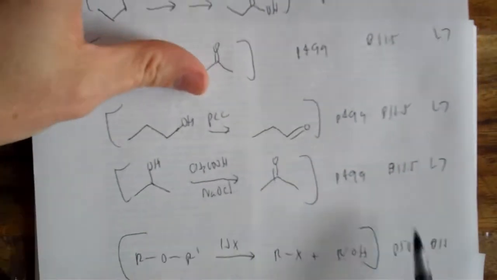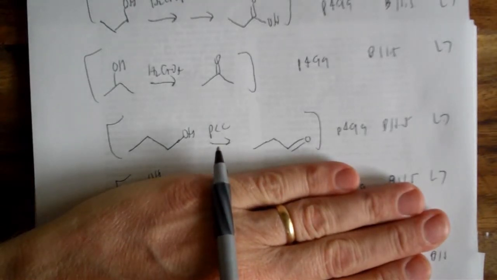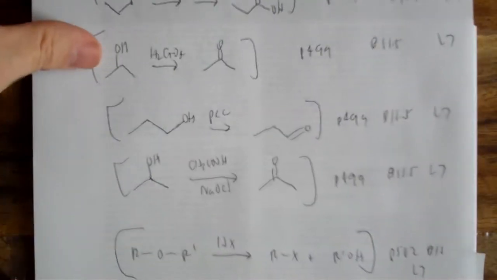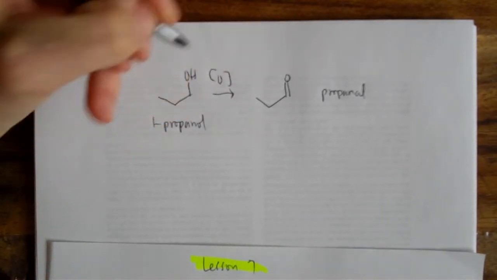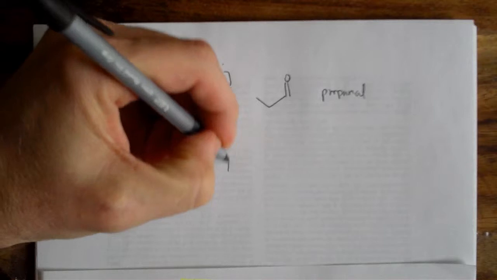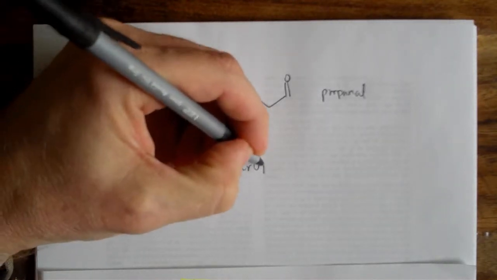Another reagent that we have on page 499 also is PCC, so it's difficult to see all the oxygens in that one. It does have it. It's pyridinium chlorochromate. Anything that ends in -ate probably has a bunch of oxygens in it. So anyway, this is going to be an oxidizer, which in this case is chromic acid, H2CrO4.